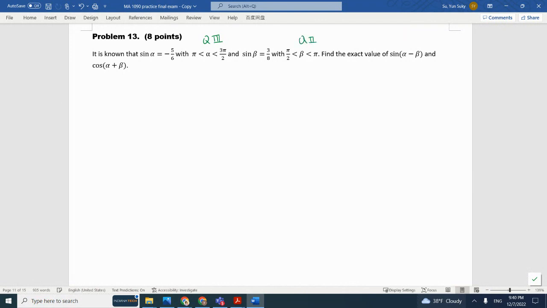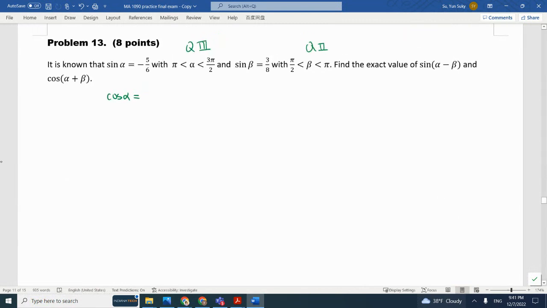That's quadrant 2. Find the exact values of sine of alpha minus beta and cosine of alpha plus beta. All right. So for this one, you need to find cosine alpha.